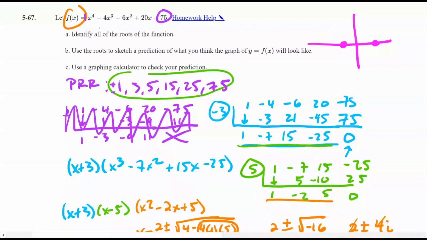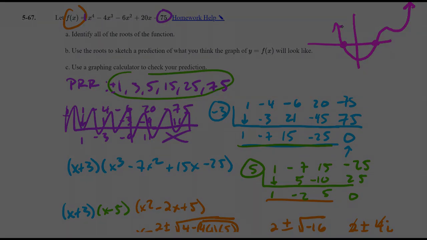If I were to plug in 0, negative, so like this maybe? I don't know. I know that it has to go through those two, and I know it's going to bend and turn another time because it's power of 4. And we can check that with the graphing calculator and see how close it is.